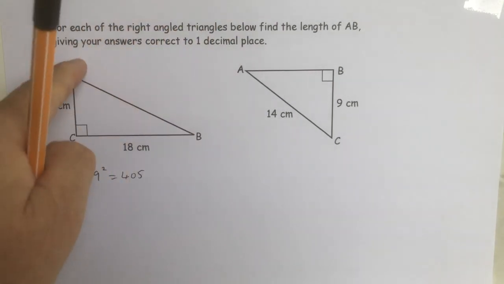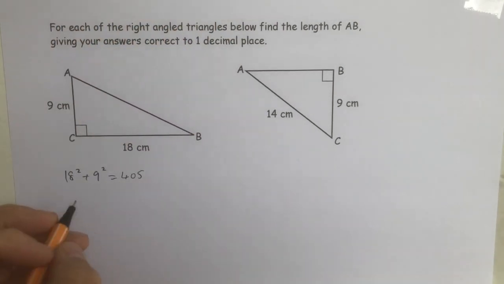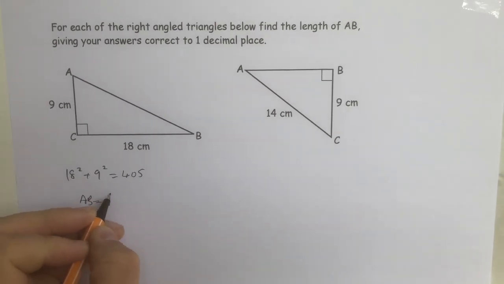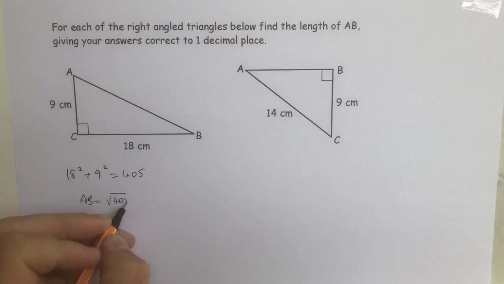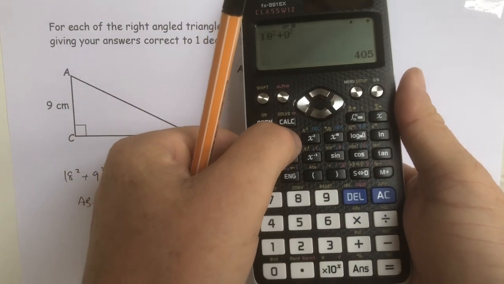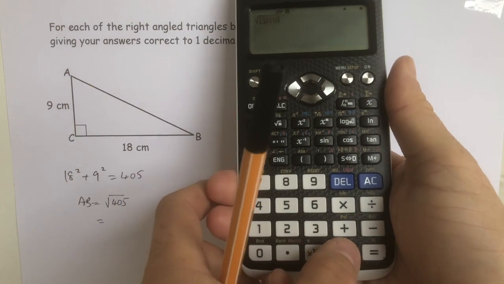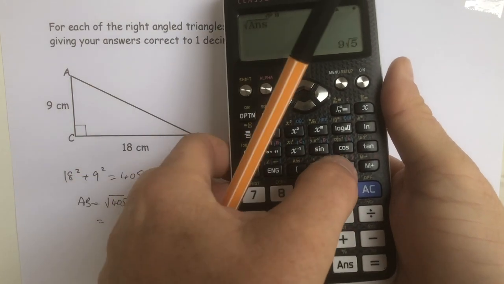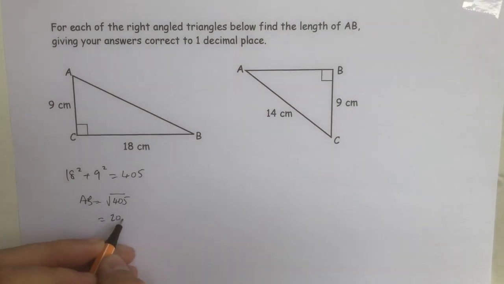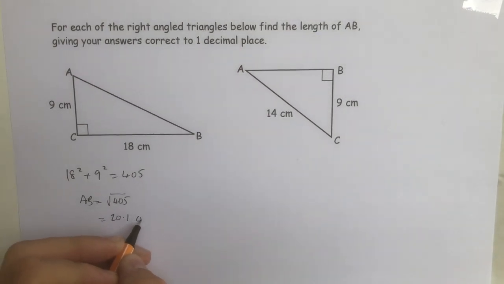So this square would be 405, which means that AB is equal to the square root of 405. So we want the square root of that last answer, which equals, as a decimal, 20.1 centimetres.